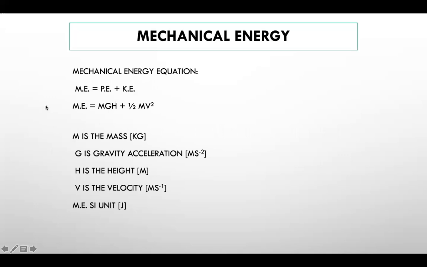The equation we can use is: mechanical energy equals potential energy plus kinetic energy, where potential energy is calculated by mgh, and kinetic energy is half mv squared. That gives me mechanical energy. m is the mass, g is the gravity, v is the velocity, and h is the height. The unit for energy is always joules.